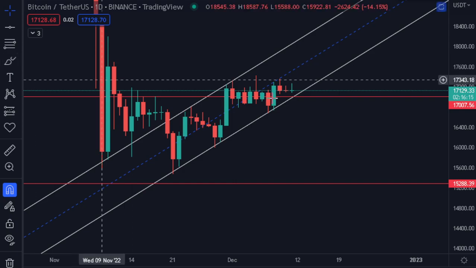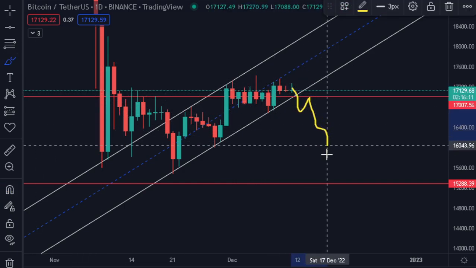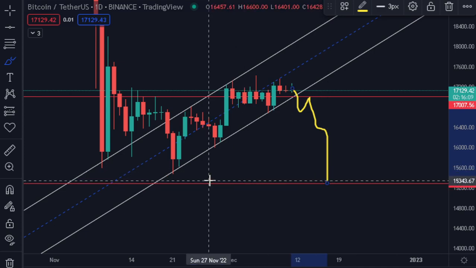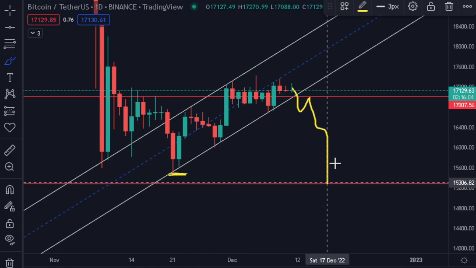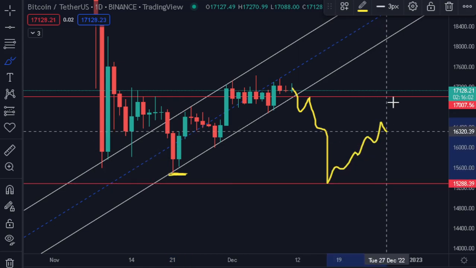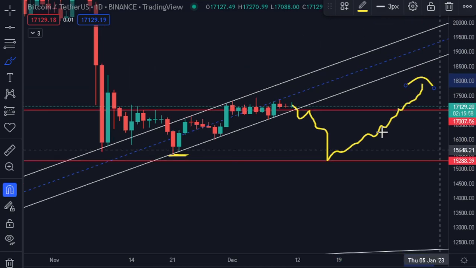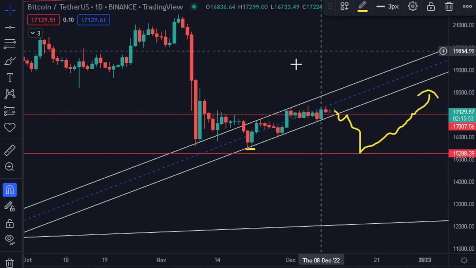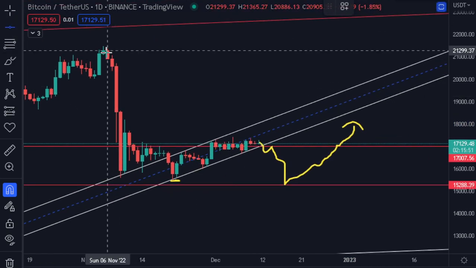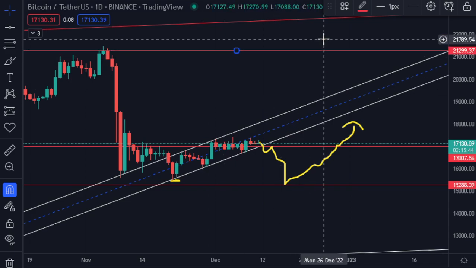We break down this upper channel, test it, go back down, hit this level, perform a swing failure pattern of the previous low, close above, then we start building our way to the upside. If that's the game I'm looking for, we could go up to around 21,300. Yes, it's a lot to look at, but we have time.